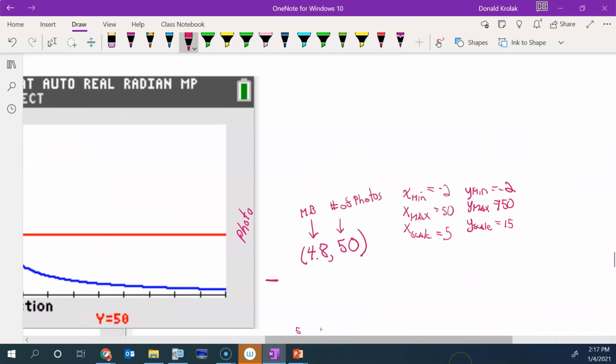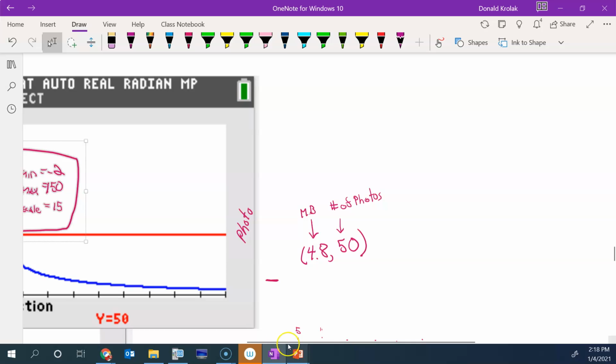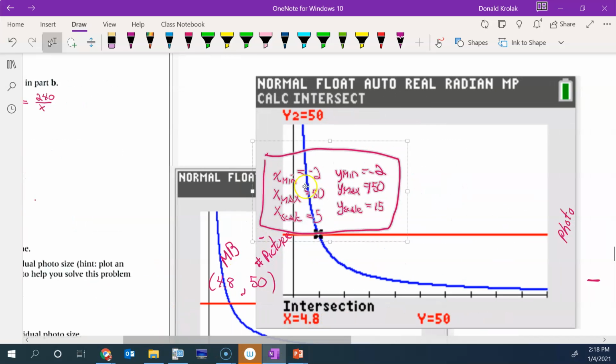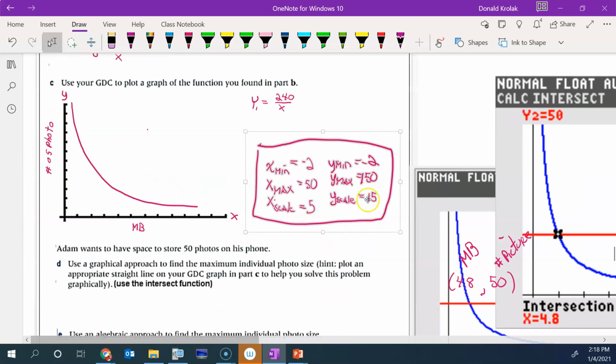And this is what I used for the max and min, since we're almost out of time here. Use that for your max and mins.